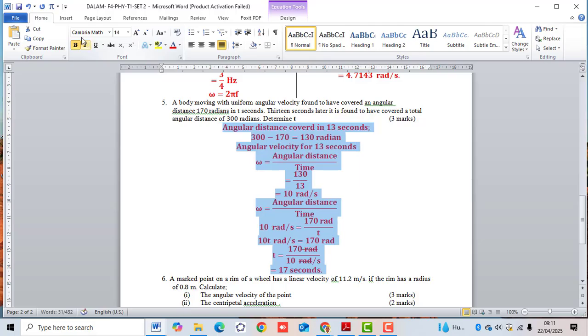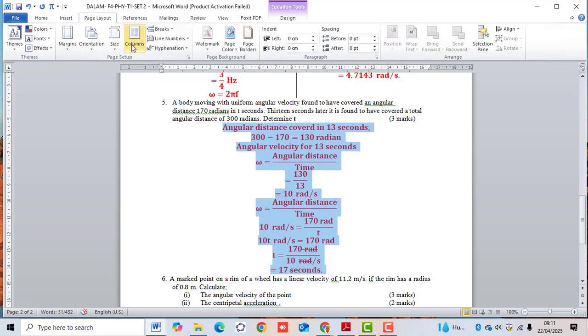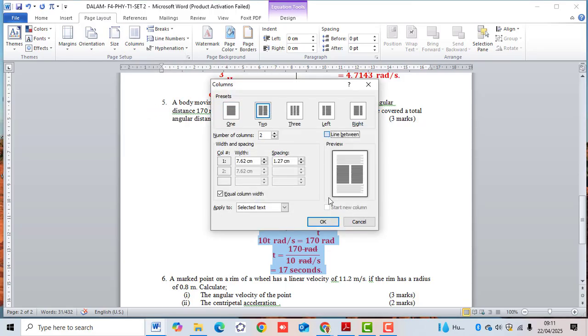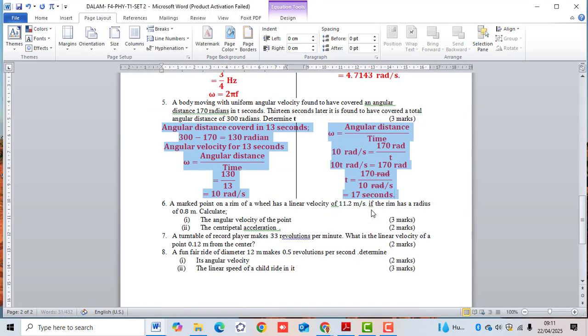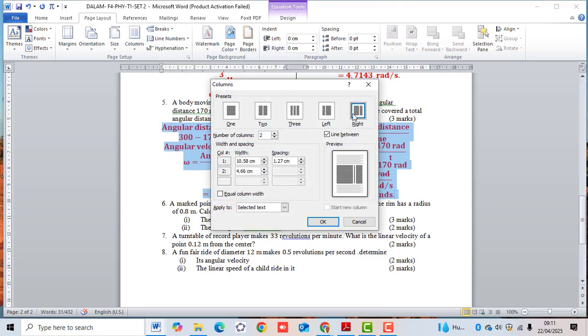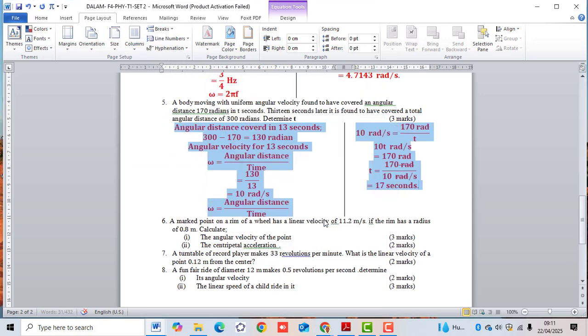So instead, just write 17 seconds to avoid trouble during the marking. So that is how I wanted that question to be worked out, like that.